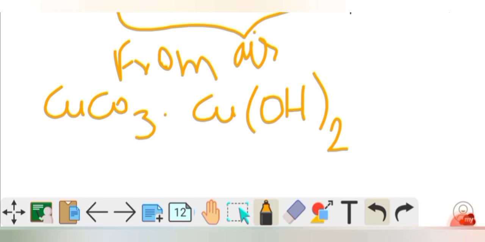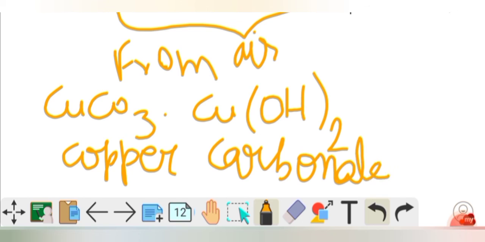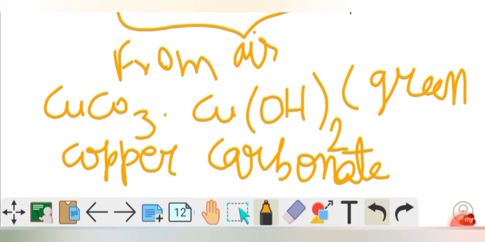So this is basic copper carbonate, that is the green coating. It is called copper carbonate, green in color.